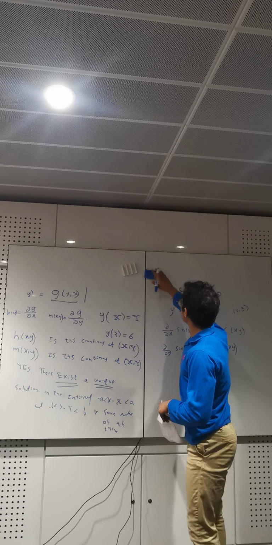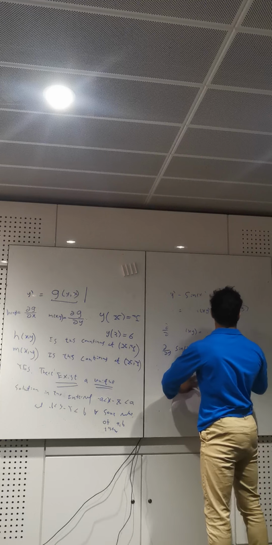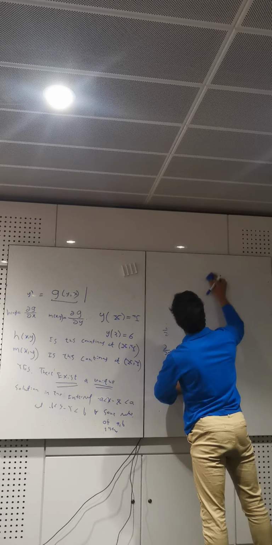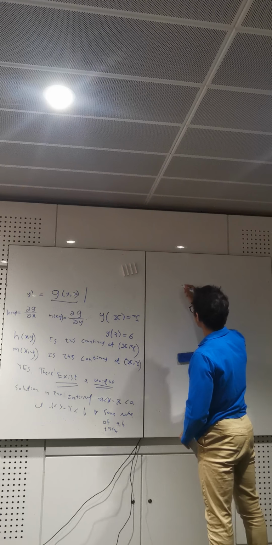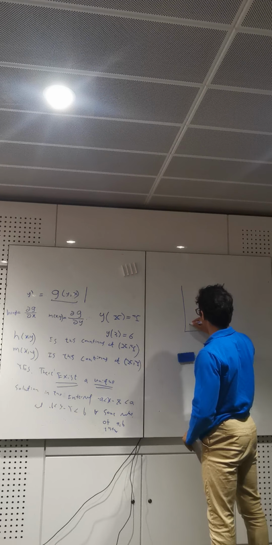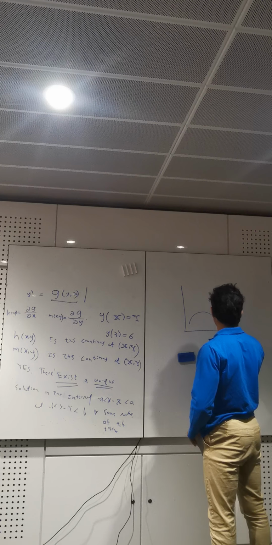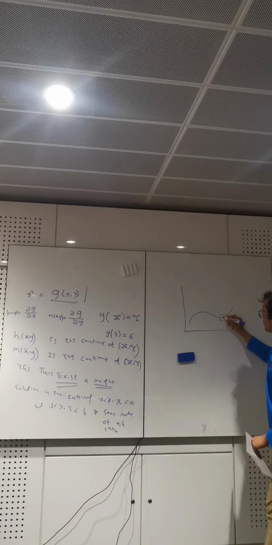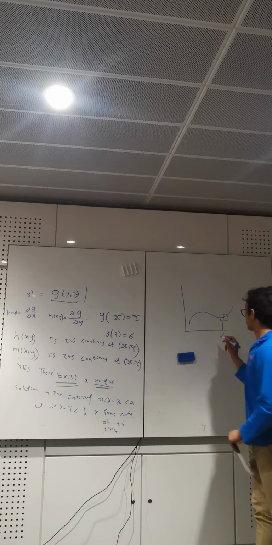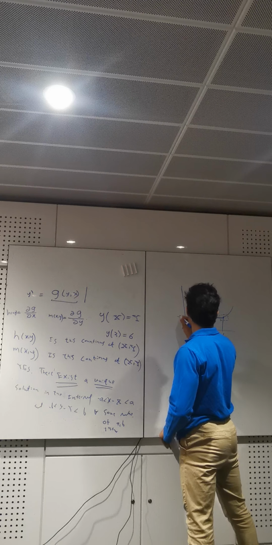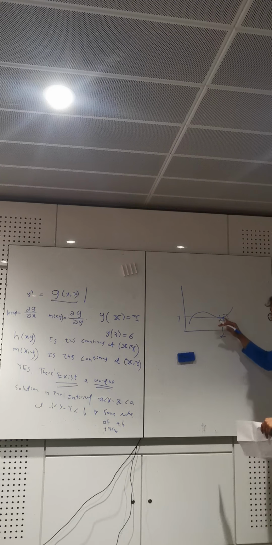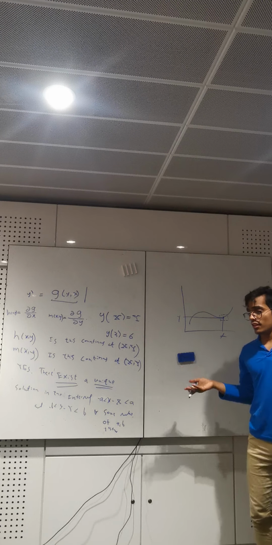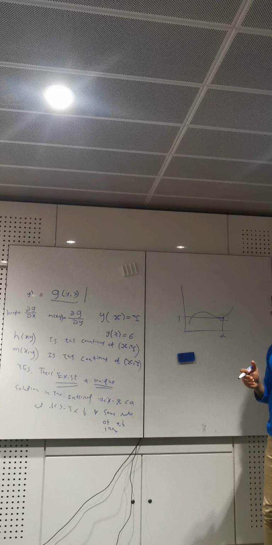Let me show you again the picture of what I'm talking about. Imagine that this is a function, and this is some kind of initial value problem here. It tells you that over this interval there is a unique solution.